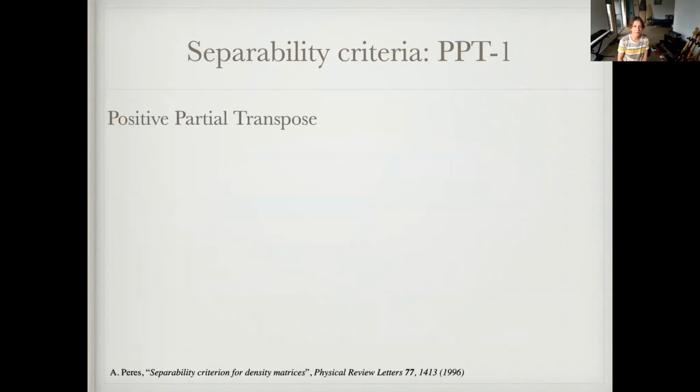The first thing you will do is the simplest criterion ever, which is the PPT criterion. This was introduced by Peres, and it just means that if your state is separable, then the partial transpose over one of the two subsystems is positive. This is a condition that always holds for separable states.